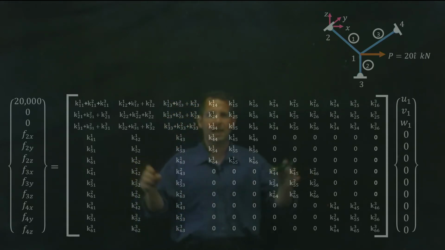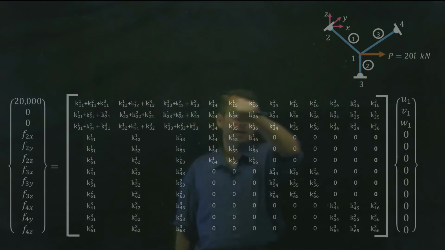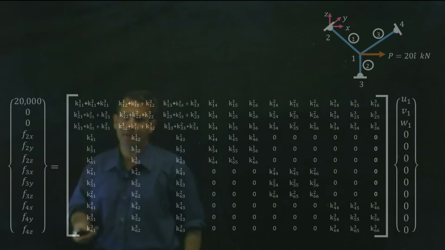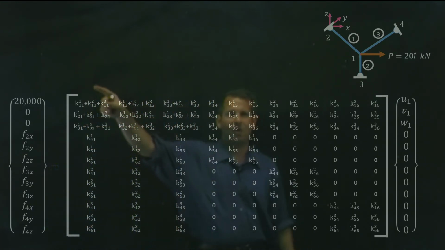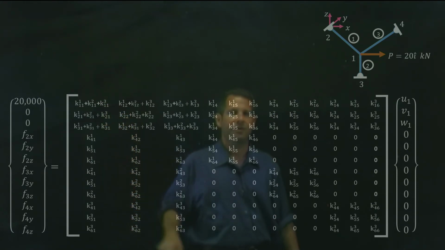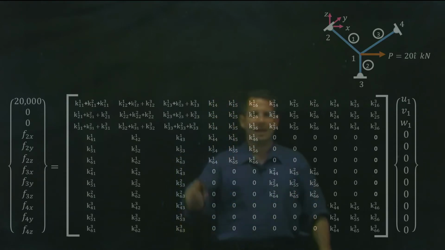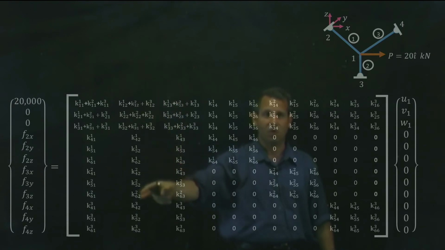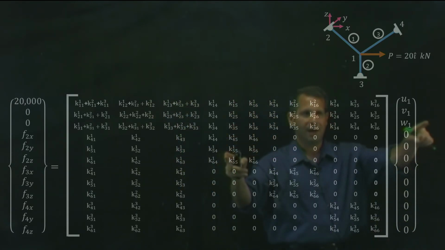Now, it looks like we have a lot of math to do. We have a 12 by 12 system. There are a lot of zeros in here, but forgetting about the zeros, that's 144 different mathematical operations to figure out what all these numerical values are. But if you look a little more closely, you'll see that I'm multiplying this column by U1, this column by V1, and this column by W1, and I'm multiplying all of these other columns by 0.